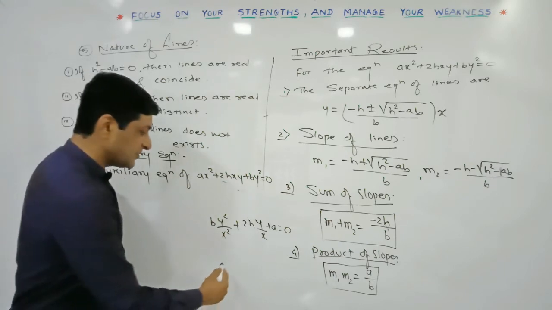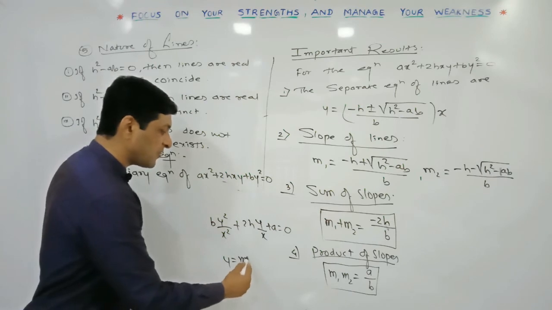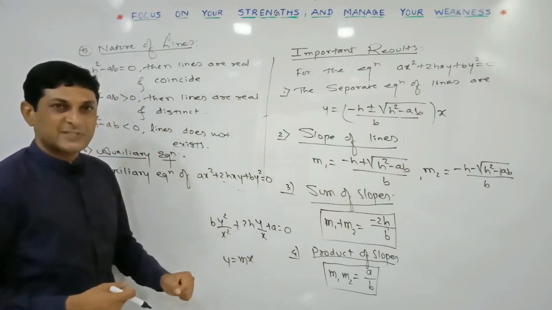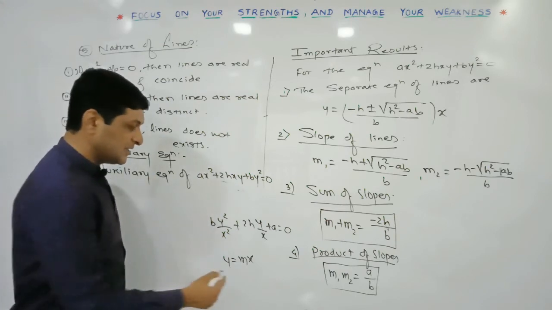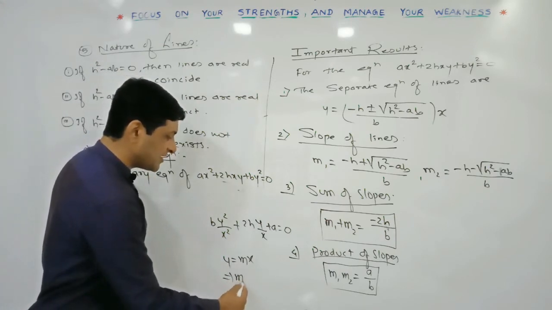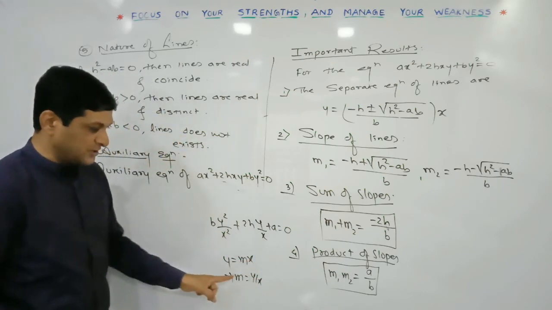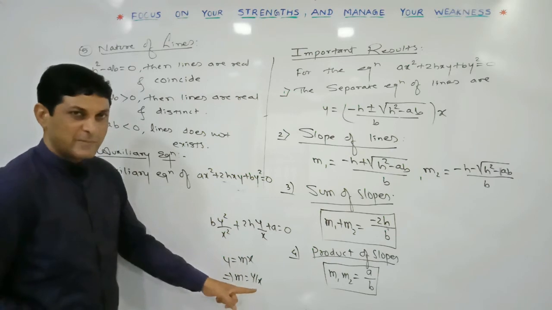If a line passes through the origin, then its equation is in the form of y is equal to mx, because the constant term is absent since the line passes through the origin. So from this equation, can I say that m will be equal to y by x? Taking x on this side, m will be equal to y by x.